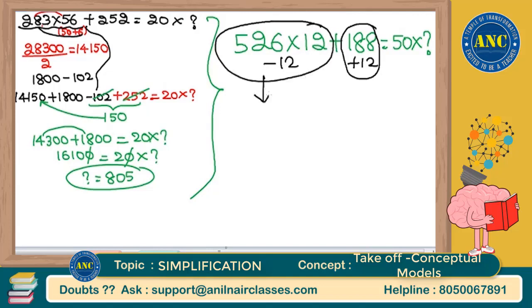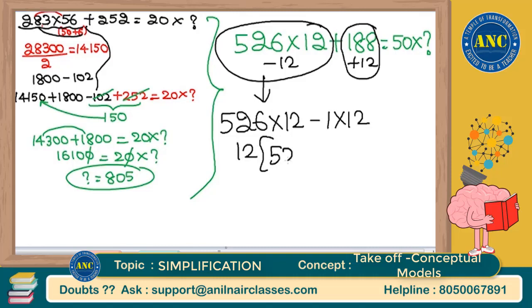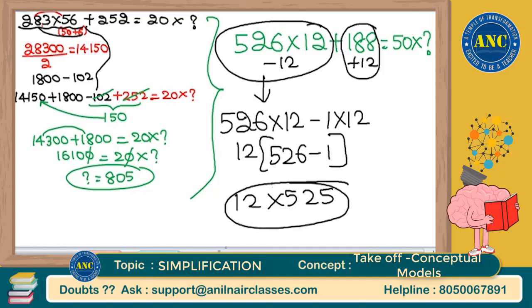Now this number is what you have doubt about. 526 into 12 minus 12 is 1 into 12. 12 common factor, 526 minus 1. It is 12 into 525. Is it clear, sir? Instead of writing all these intermediate steps, I explained you directly.